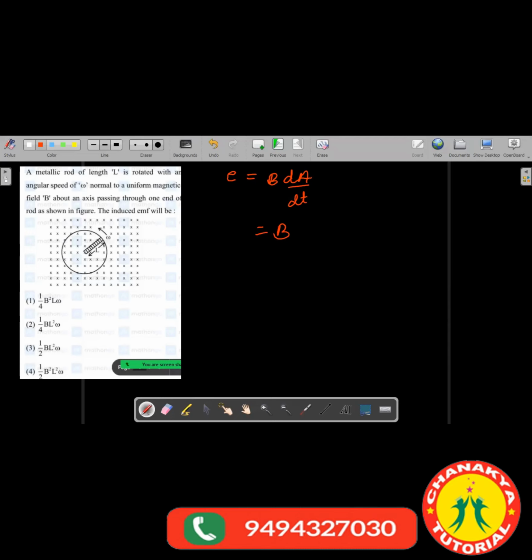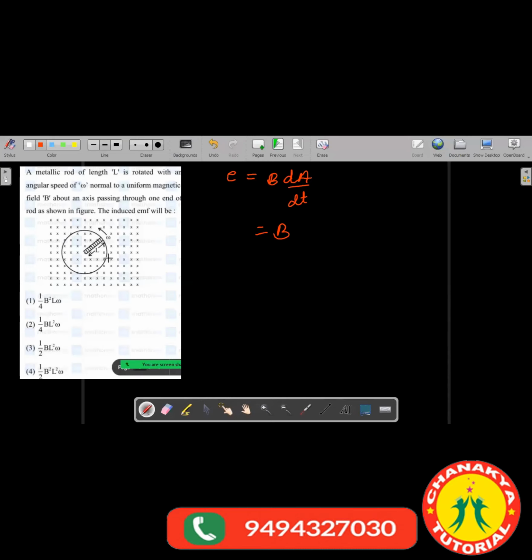If it is rotating with an angular speed omega and it has the radius r, how will we find out the area swept by it in time t? Javian and Sriyuta, any idea how we'll find the change of area?